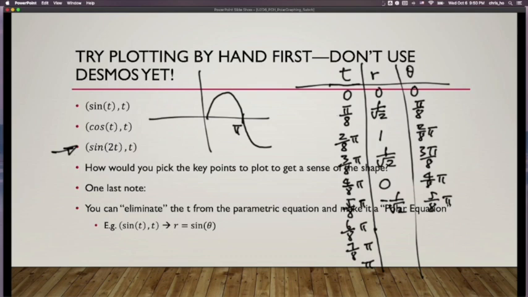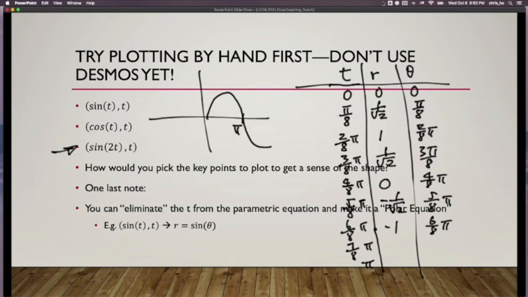And when t is 6/8 pi, 2t becomes 12/8 pi. So this is going to be at -1. And theta is just the same as t.